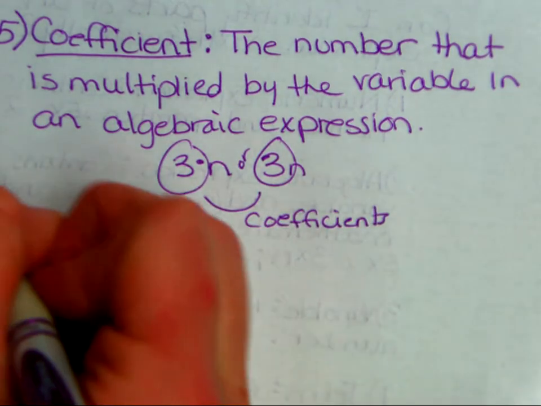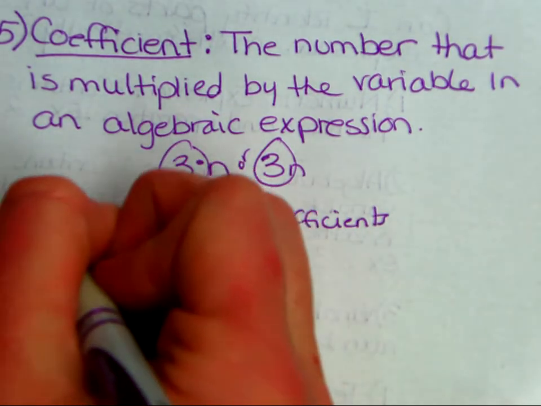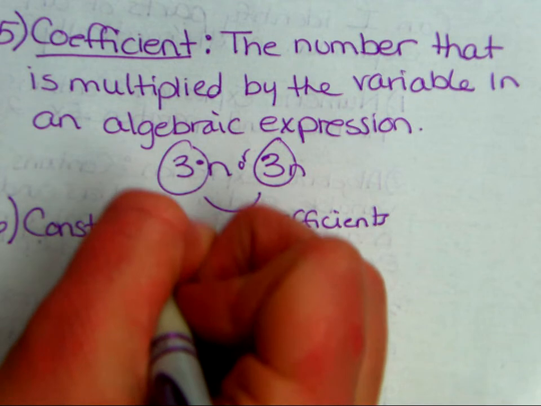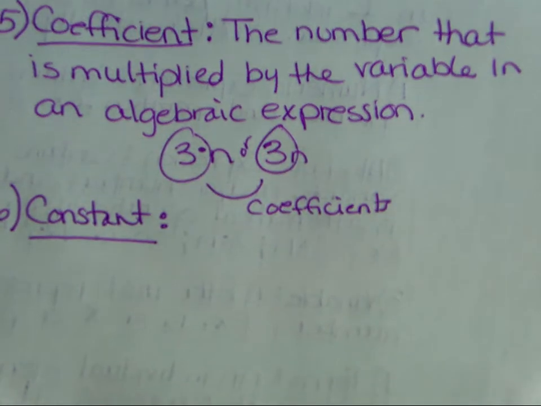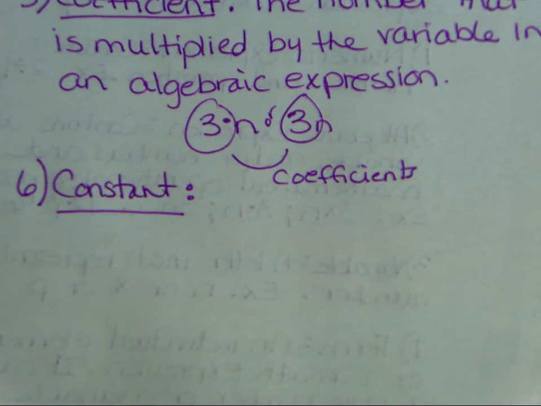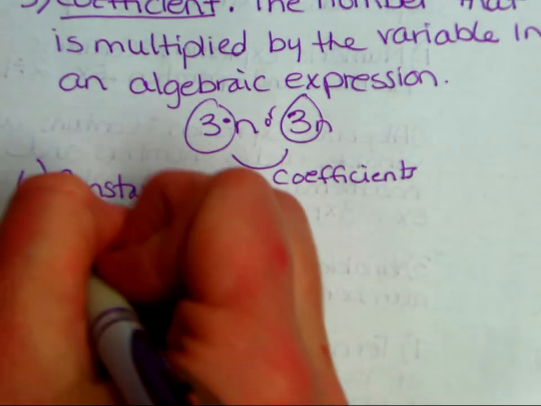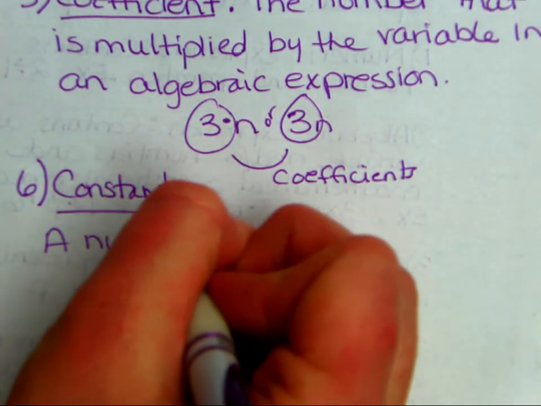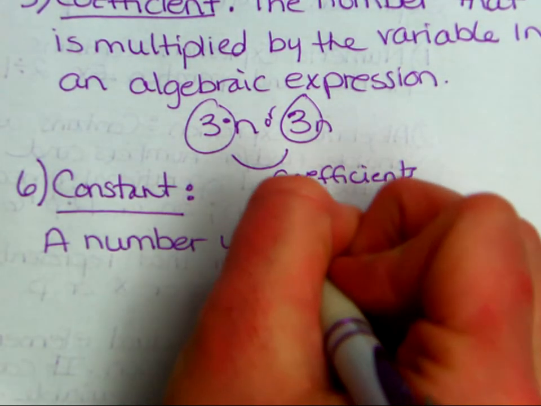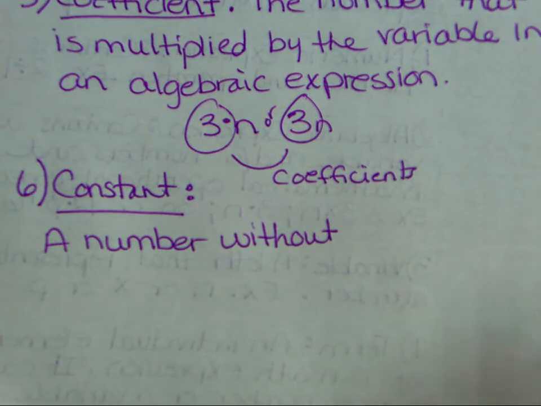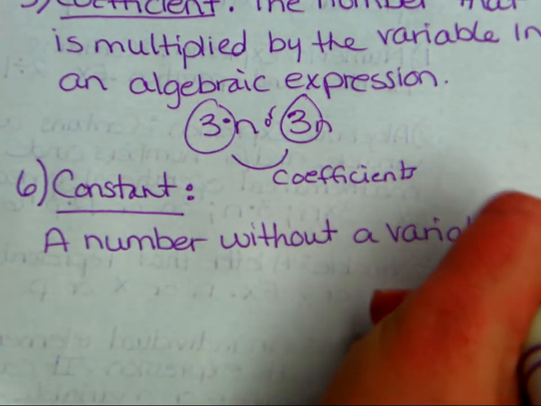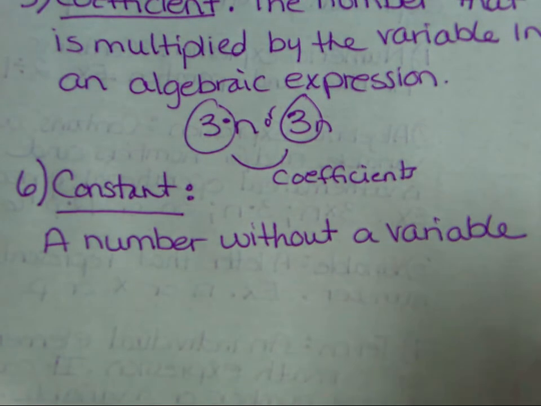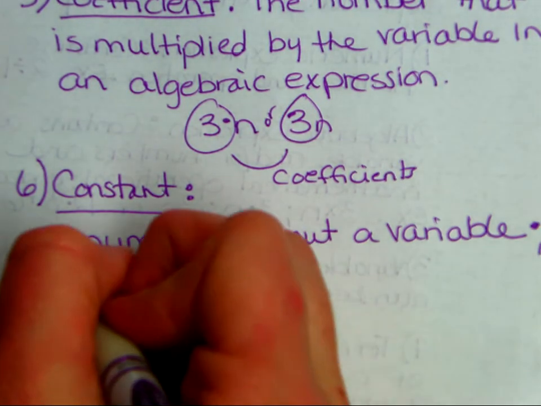And then finally, the last term that we have is the constant. The constant is going to be a number without a variable, and it's a value that doesn't change.